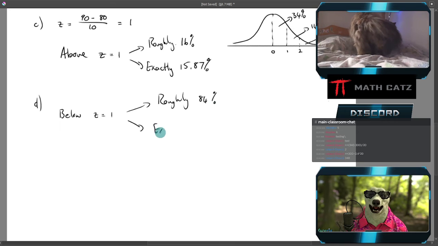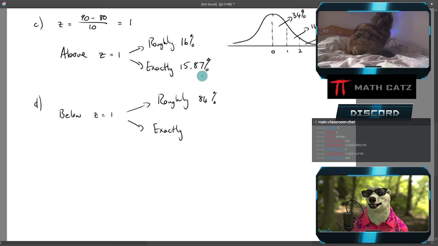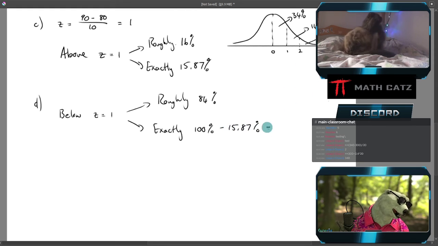If I want to be exact, I can still follow the same logic, just using the exact score. I'll write that down here, taking it away from 100, because I'm now looking at the left side. That'll be 84.13%.